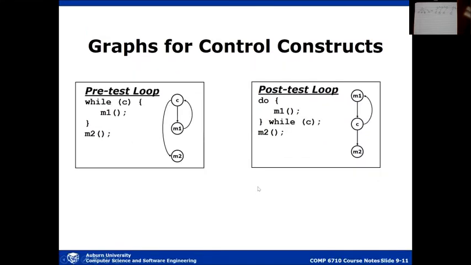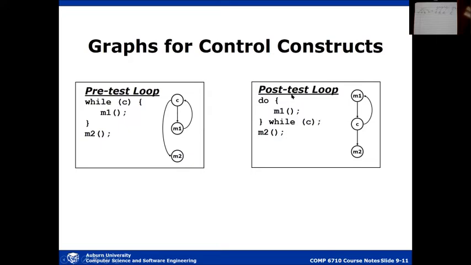So how about a loop? Here you can see that we have a pre-test loop. If the condition C is true, we go to the loop, so mark this branch true. If it's true, we go in there; if it is false, we go out.